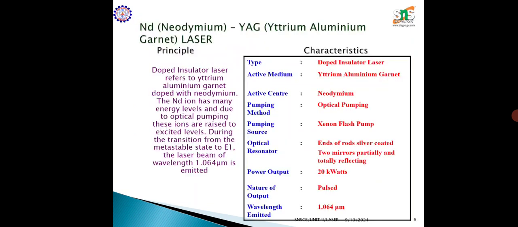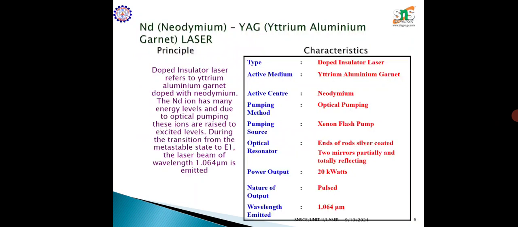The first one is the Nd:YAG laser. It is the example for a solid state laser, or a 4-level laser. For learning every laser, if we know the characteristics well and clearly, it can be easy to explain that entire laser.